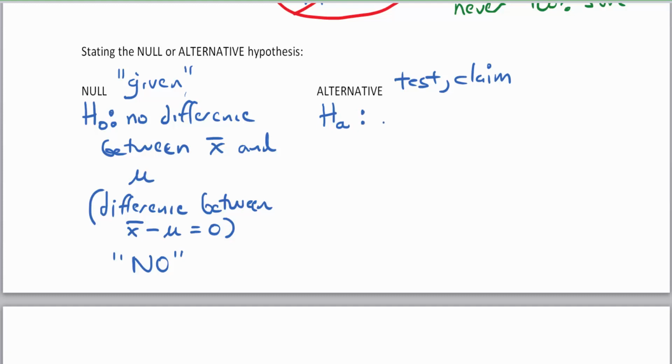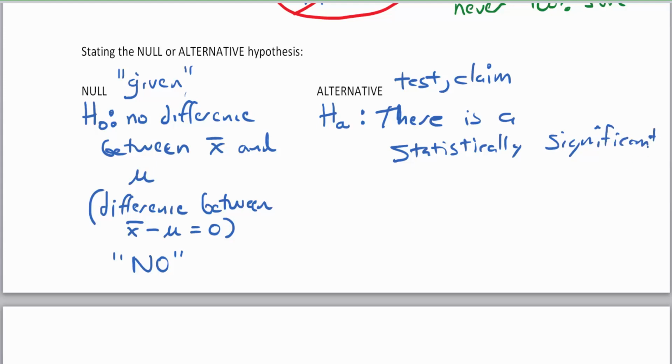So the alternative hypothesis is to say there is a statistically significant difference between this parameter that we're testing and the sample average.